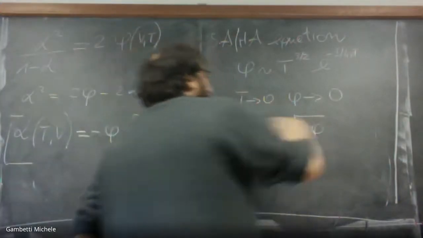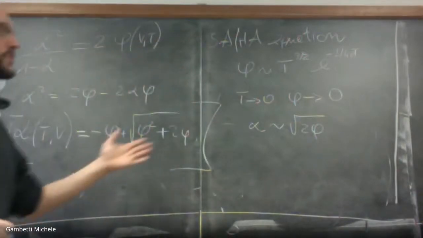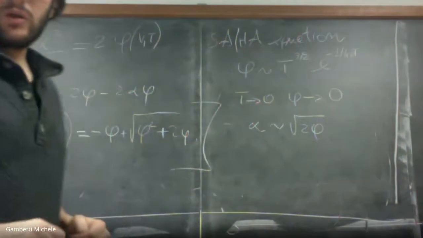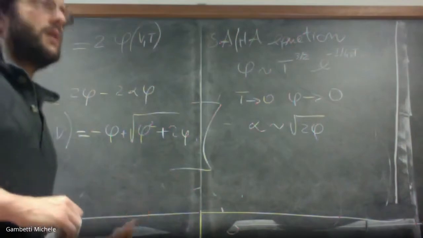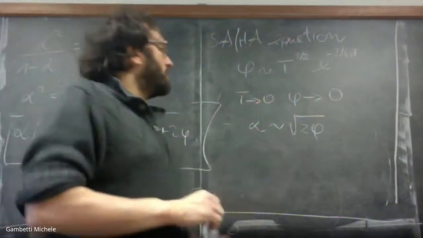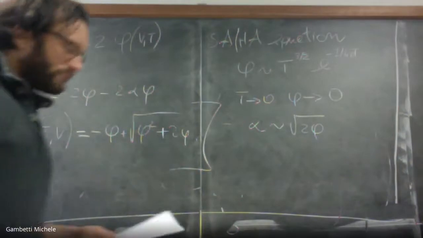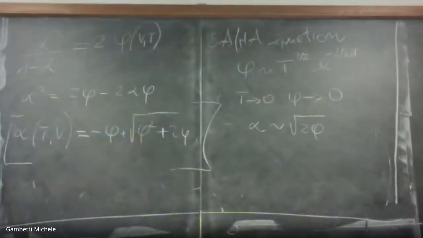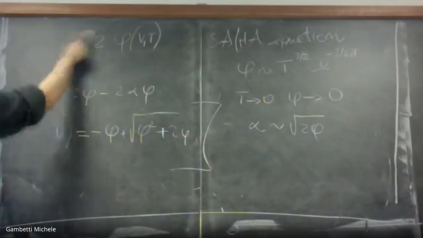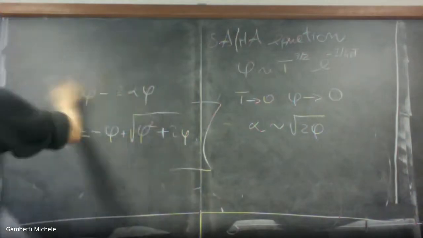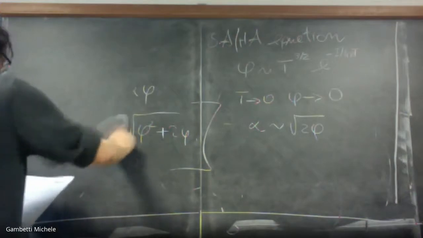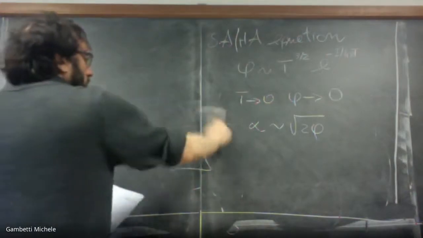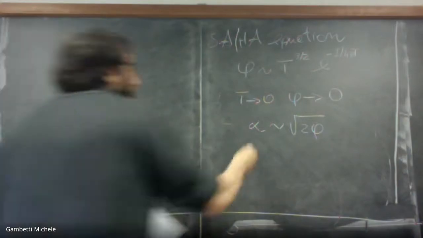Okay, so when the temperature goes to 0, the degree of ionization goes to 0 as I would expect, and the scaling is a square root of 2 phi, that in principle is a useful scaling if I have to compute these ratios. So this is the low temperature limit.